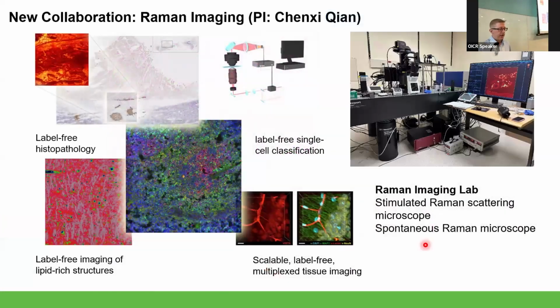Just to indicate, moving forward, we have new collaborations, and one of the very newest ones is with investigator Cheng-Shi Chan, who's in the audience, and this is looking at Raman imaging, which really has a lot of potential.